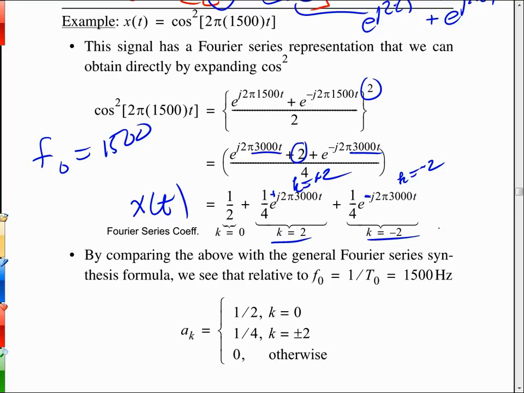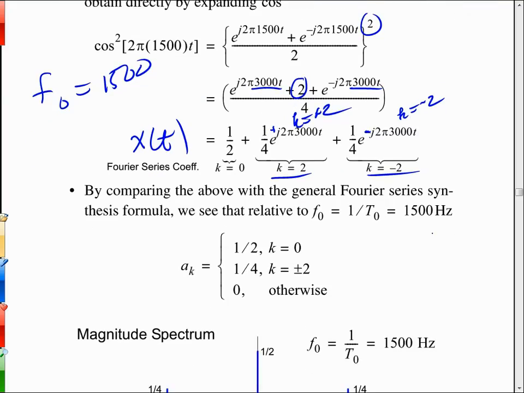So the Fourier series for this simple signal, if we treat the fundamental frequency as being 1500 hertz, is synthesizable using a DC term that has amplitude 1/2, and then coefficients at the plus and minus second harmonic of 1/4 and 1/4. And then all of the rest of the Fourier coefficients are 0. They're not needed.